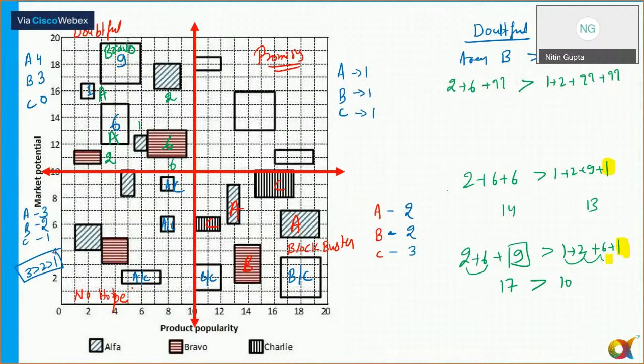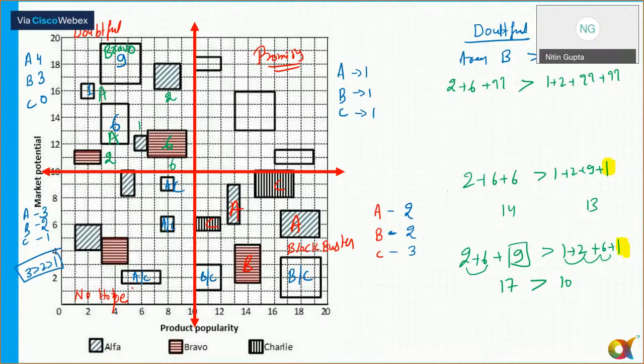I hope that it is clear. Okay. So 1 definitely belongs to Alpha.